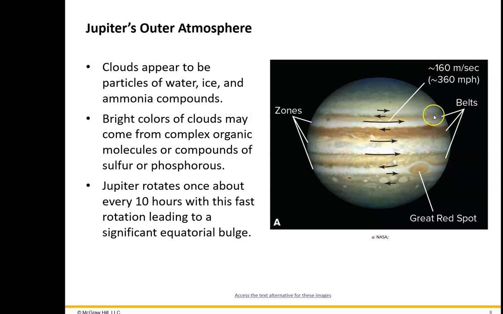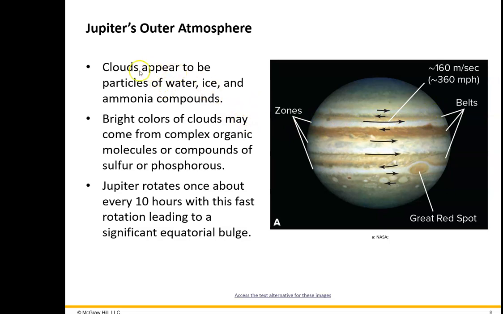All right. So the darker regions, this picture is calling them the belts. I think I called them bands. At any rate, the zones are going in one direction. The belts, I'll use the terminology that's in the picture right here, are going in the opposite direction. That's actually from convection, just to let you know.